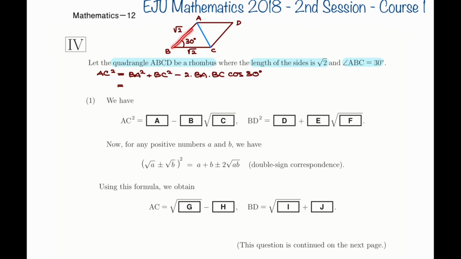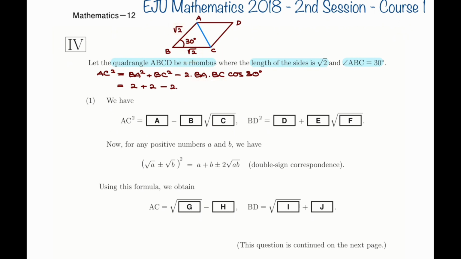BA squared is square root of 2 squared, so I have 2. BC squared is also 2, minus 2 times BA times BC. BA is square root of 2 and BC is square root of 2, so BA times BC is equal to 2.